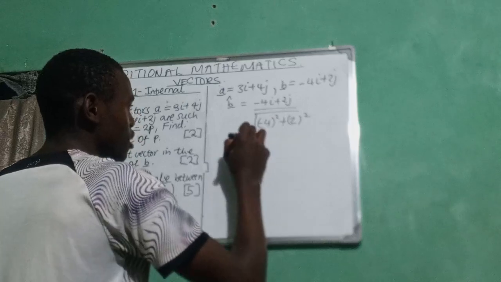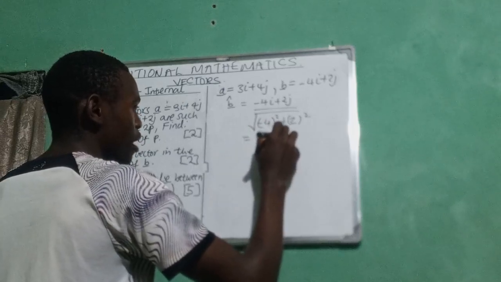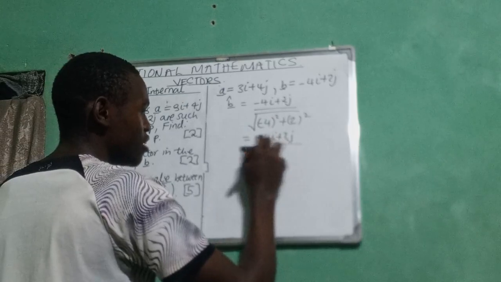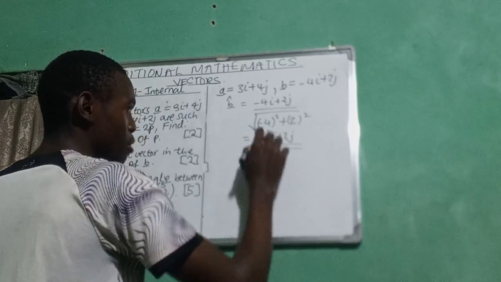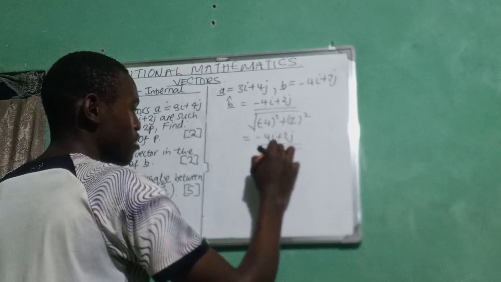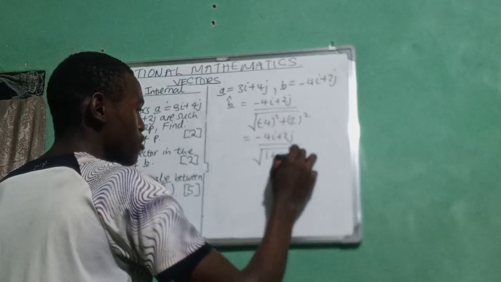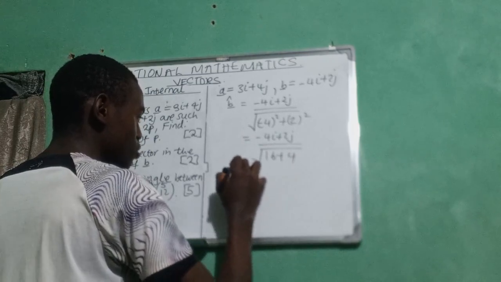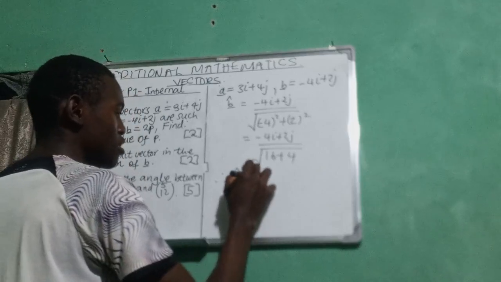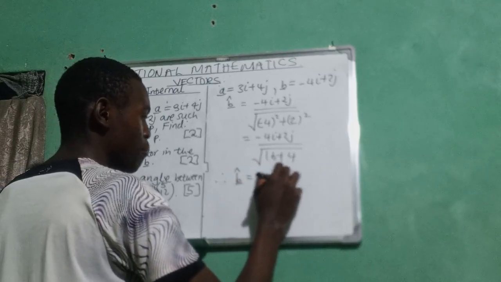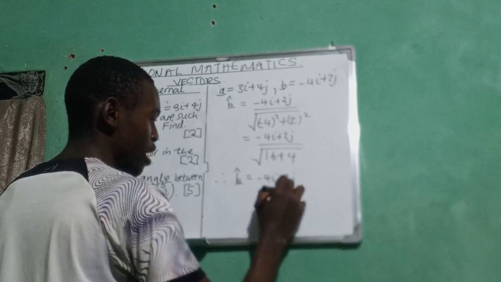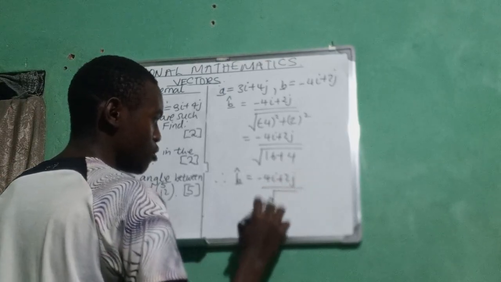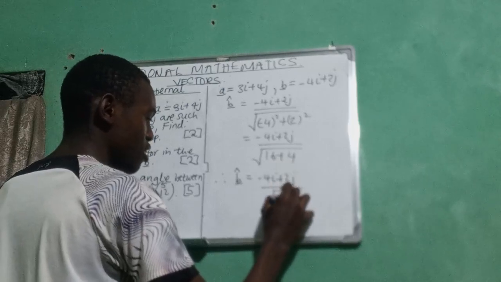Here we're going to have 16 plus 4. Therefore, our b hat, the unit vector in the direction of B, is equal to negative 4i plus 2j divided by the square root of 20.